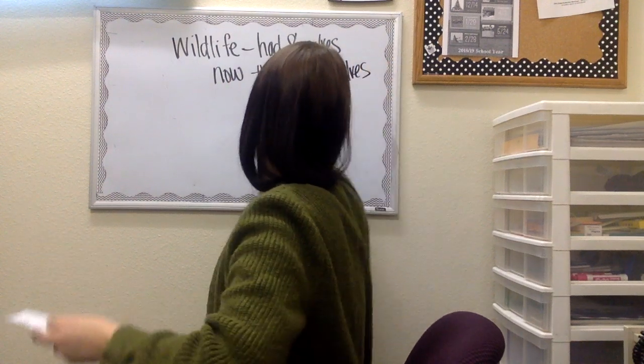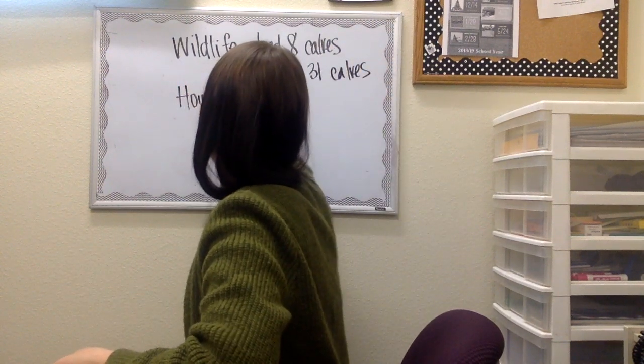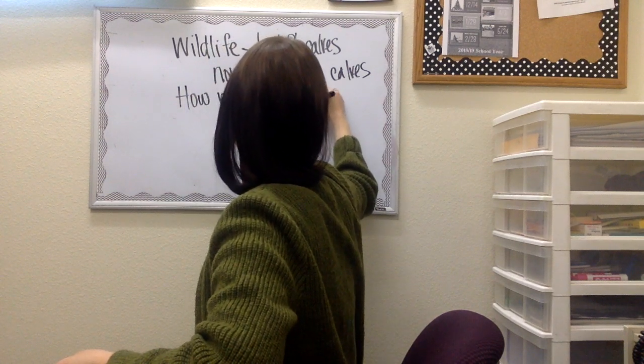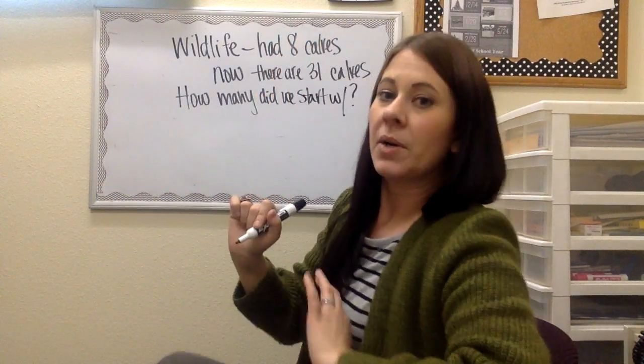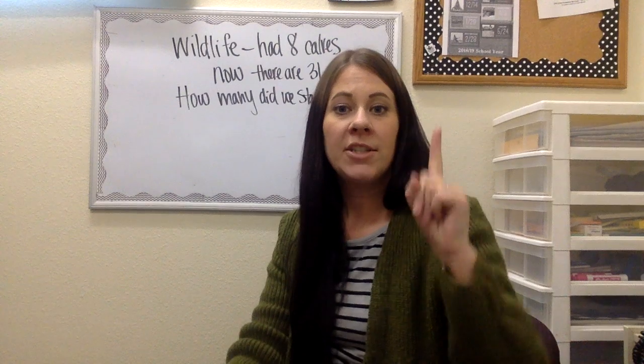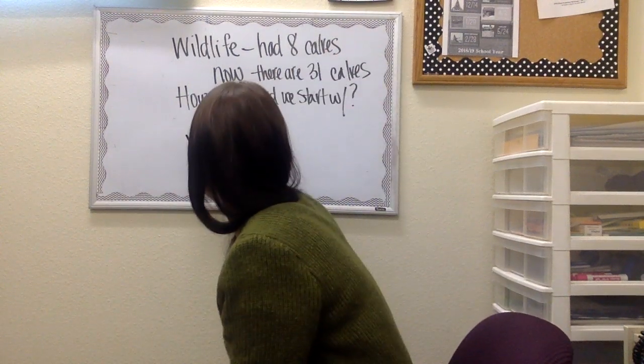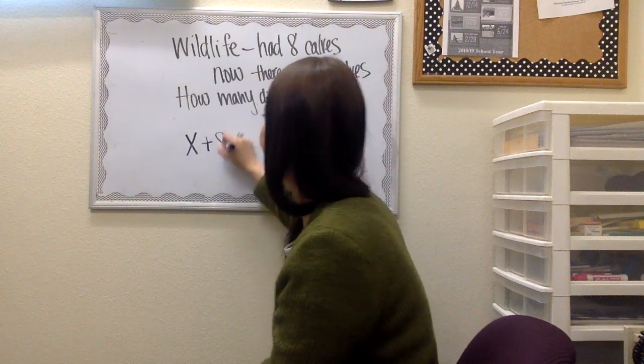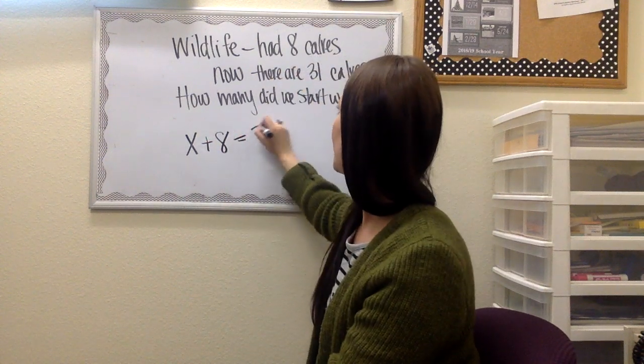And we want to know, how many did we start with? Okay, so here's how this works. The thing I don't know, I'm going to make X. So I had a bunch of calves. Then they had 8 more. And now we have 31.